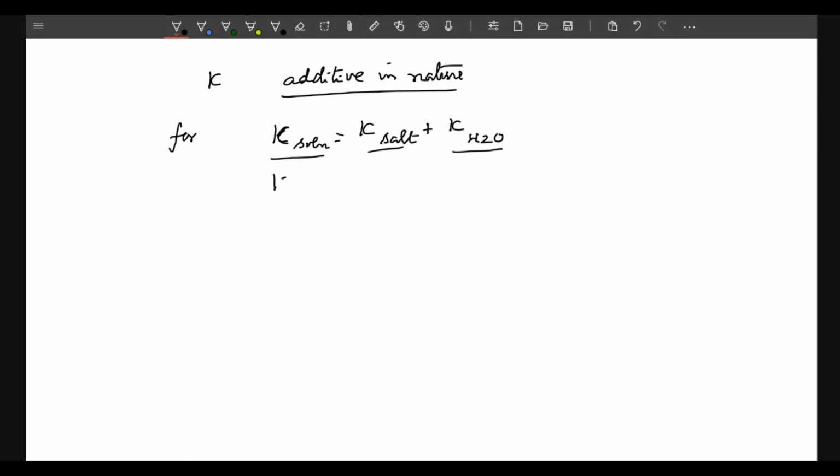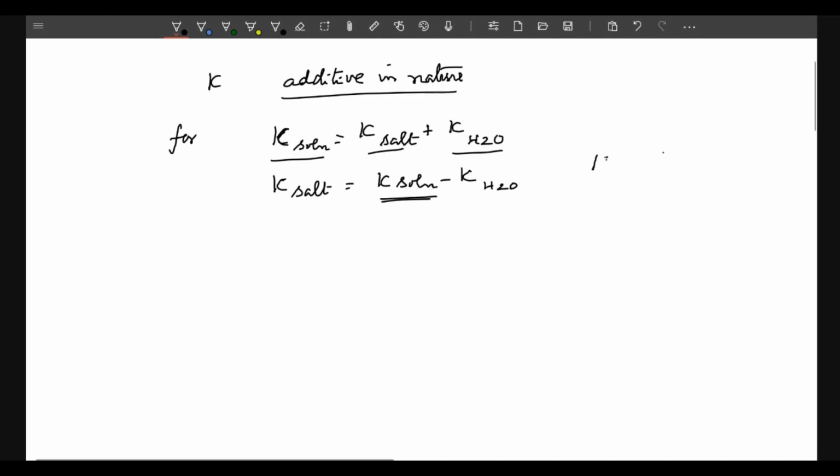Therefore, if you want to calculate the kappa value of the salt, you should subtract the specific conductance of the water from the solution. For your information, whenever you use a strong electrolyte, the kappa of the solution is very, very much higher than the kappa of water.